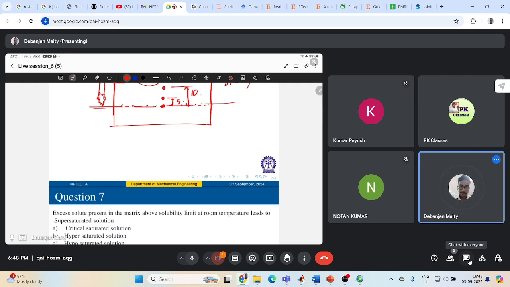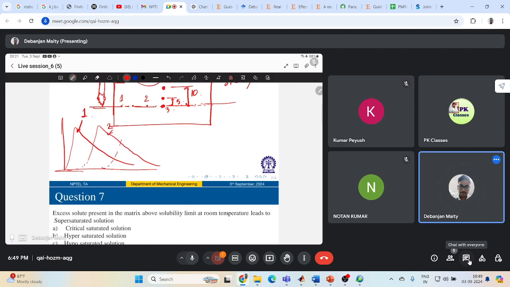Let's say this is point 1, this is point 2, and this is point 3. If this is my temperature for point 1, after a certain point of time the same peak temperature will be felt by point 2.